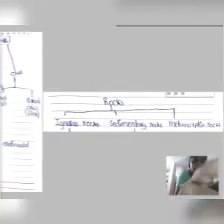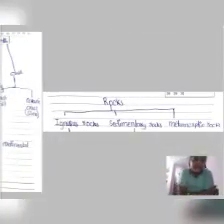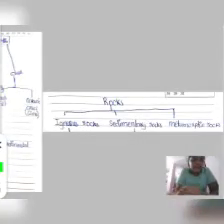Now our topic is rocks and minerals. Rocks are of three types: igneous rocks, sedimentary rocks, and metamorphic rocks. What are igneous rocks? Have you ever seen a volcano erupting?